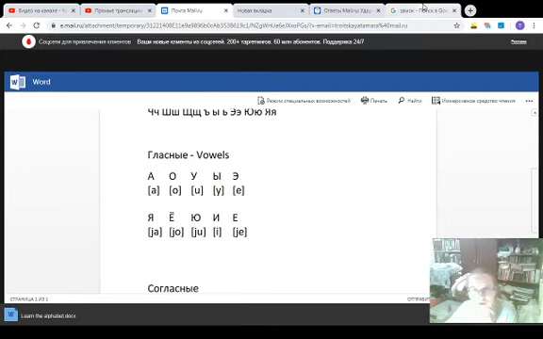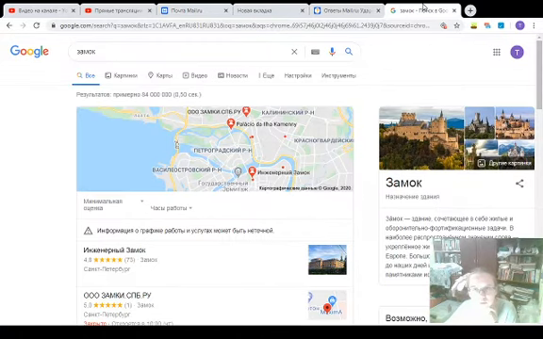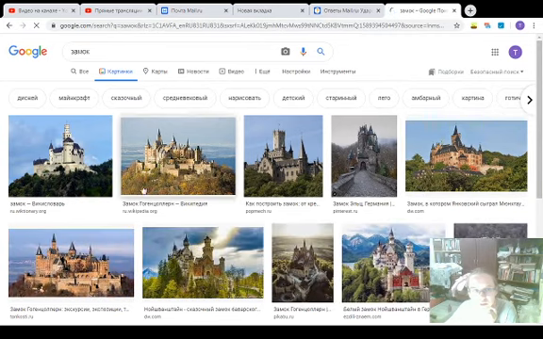For example, we have the word замок, and we don't say замок. We say замок. The letter o sounds like a, and if we say it the other way, it is not correct.